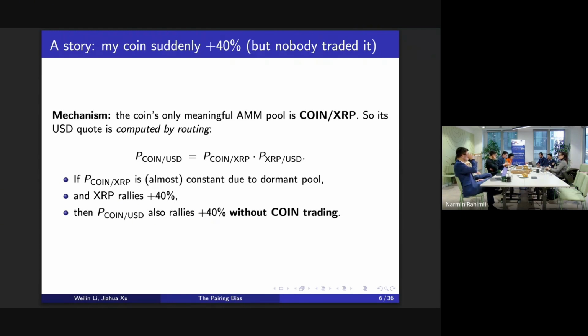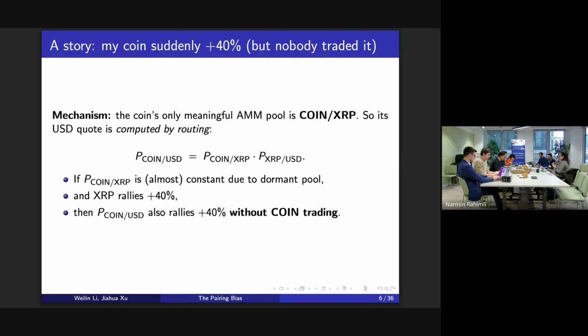When the latter increases, the price of the coin against USD will increase. So this explains it: while there's no trading at all in the pool, the price of the coin against USD can still increase. That's what I observed when I checked my portfolio, and then I wanted to formalize this.